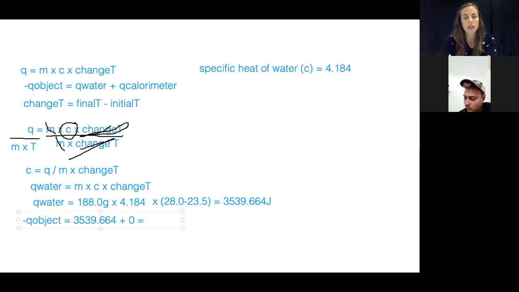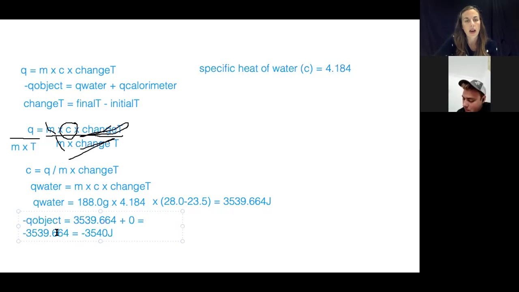So then my answer is going to be negative 3539.664, and I'm going to round that to 3 significant figures. So negative 3540. And it makes sense because if your water absorbed this much energy, then your object had to release that much energy. So they're the same number. Does that make sense?